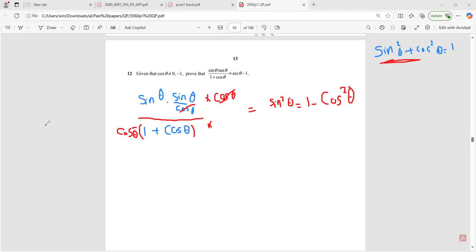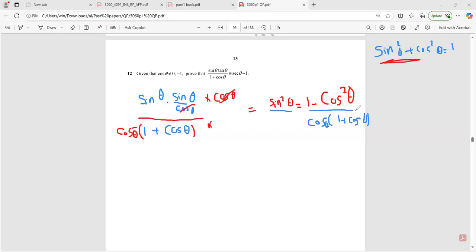For the denominator, here we have the same cosine multiplied by 1 plus cosine theta. Yeah, don't forget here we have theta.